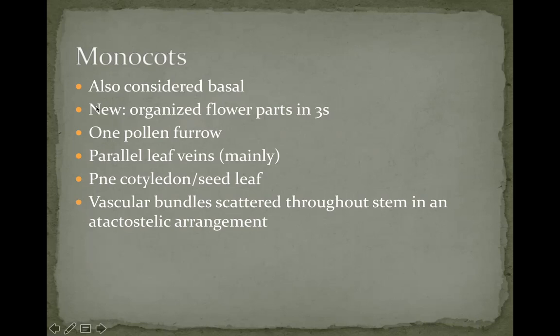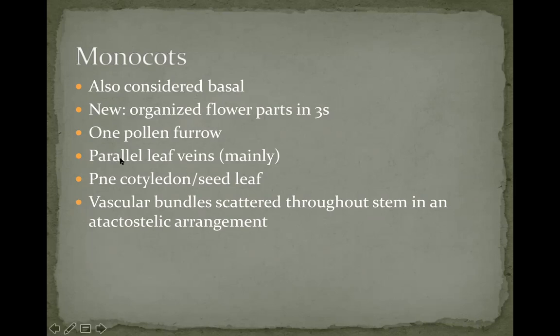One characteristic that is common for all, if not most, monocots is that they'll usually have one pollen furrow, so basically one pore, one dip in their pollen grain. Dr. Bobich has a really good picture of that in the Lab 12 slides if you need help visualizing that, but basically it just means that they have one pore in their pollen grain.